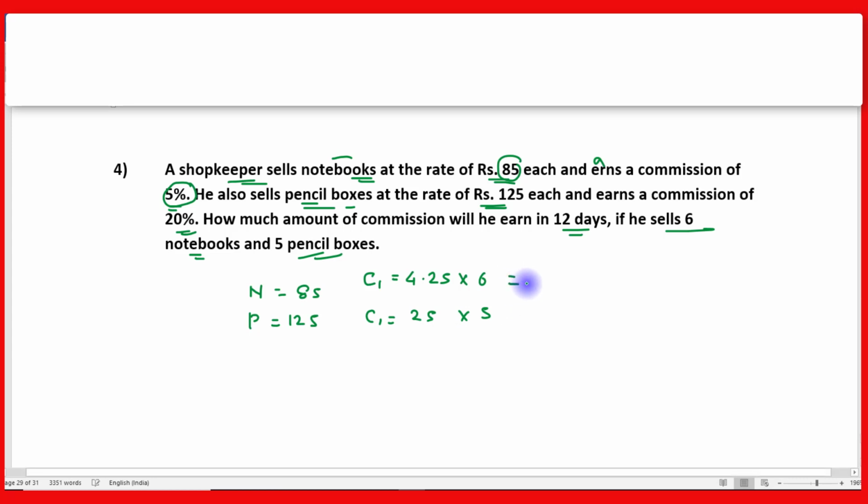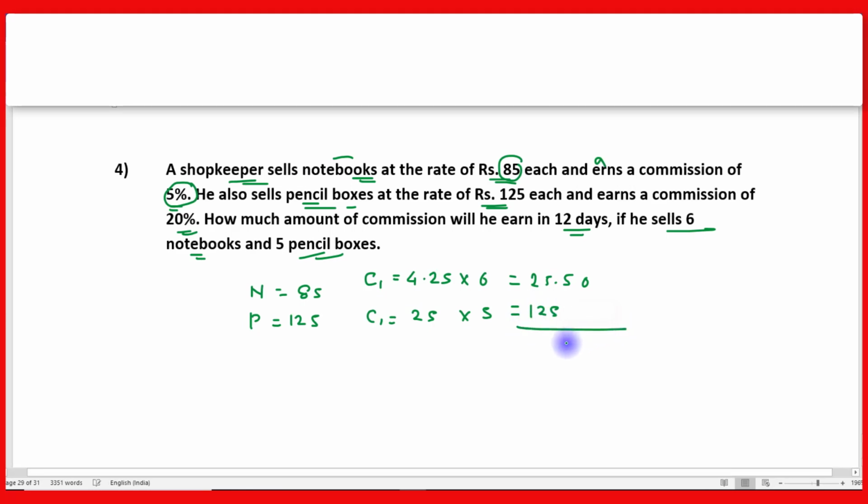So the total commission he gets will be 25 rupees 50 paise for the notebooks, and for 5 pencils the commission will be 125. So the total commission he receives is 150.50 rupees.